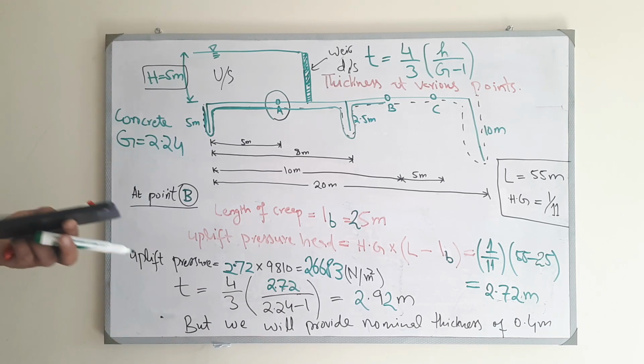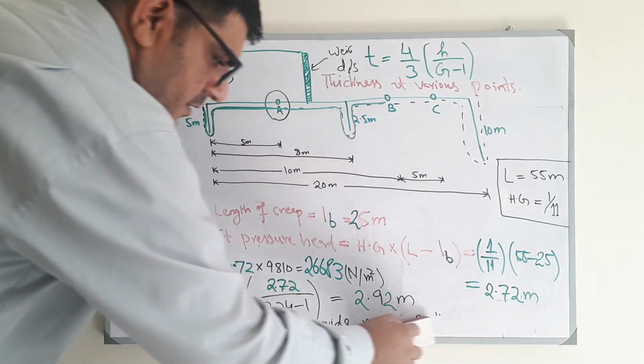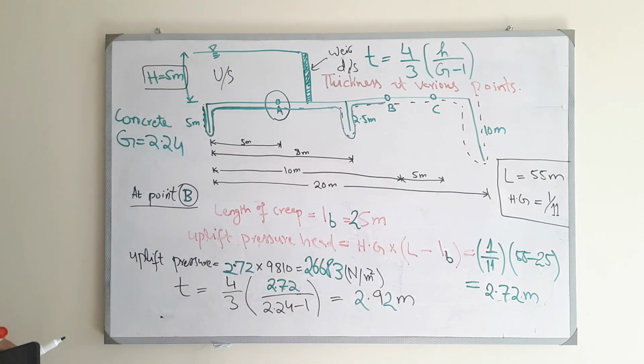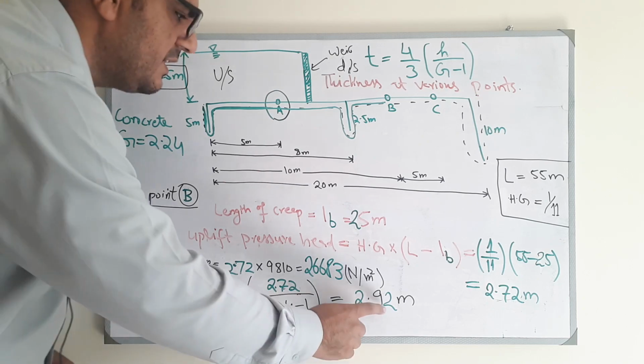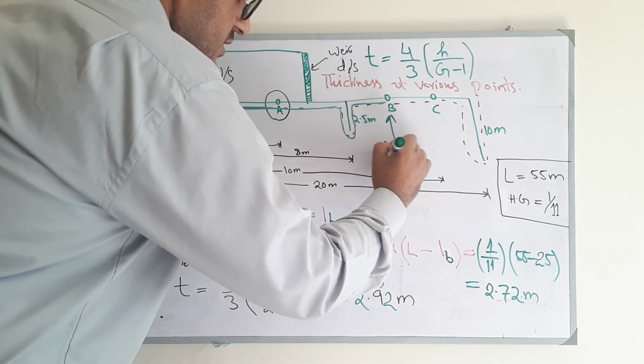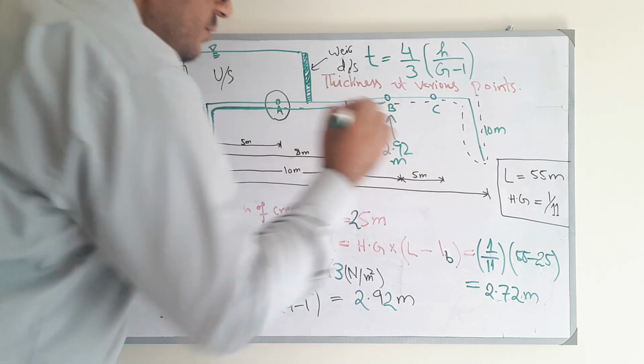So here in this case, at point B, we have to provide the thickness of 2.9 meter at point B. So it is 2.92 meters.